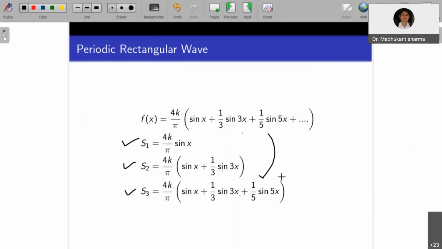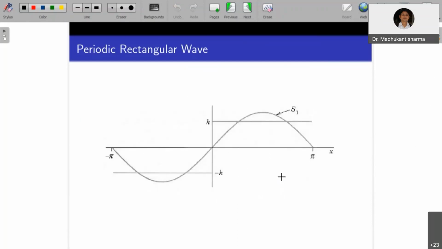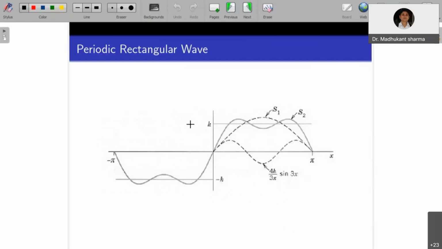Then if you use MATLAB, you have the following: this is S1, and this is the original. Now if you use S2, S1 is there as dots, and this is S2.